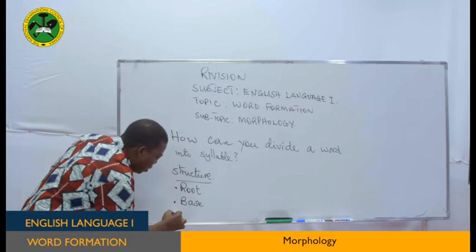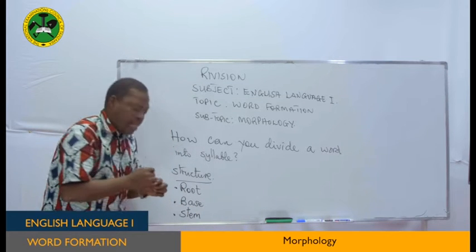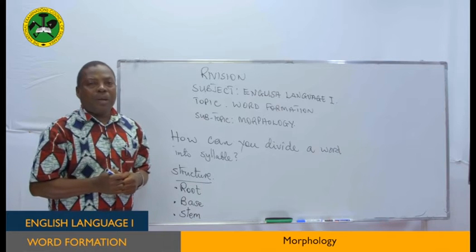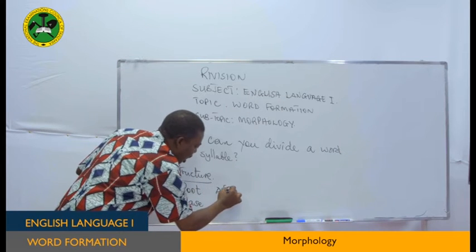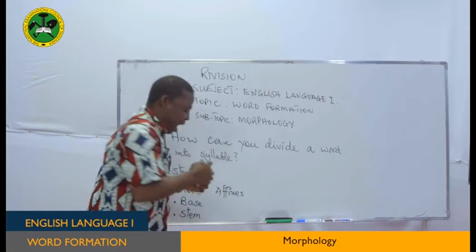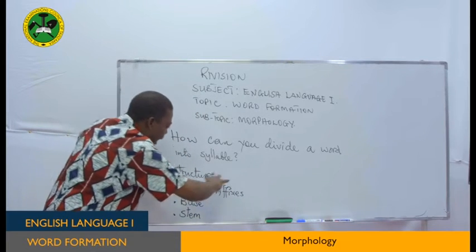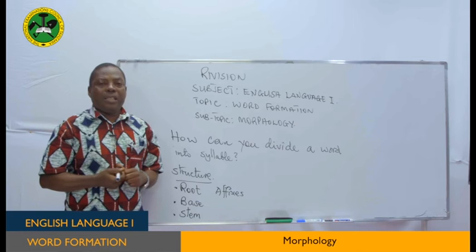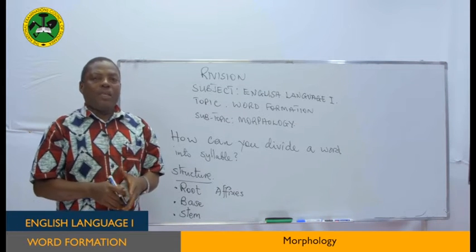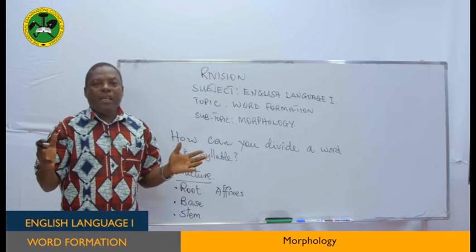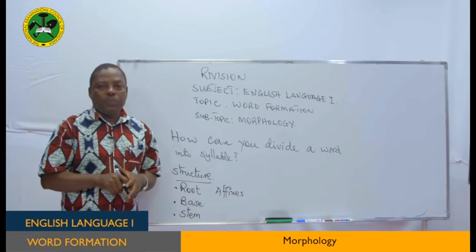And then we'll talk about the stem, and finally, we'll talk about affixes, which when you understand all these elements, you finally find that you can divide a word the way you want and the way you are directed to.